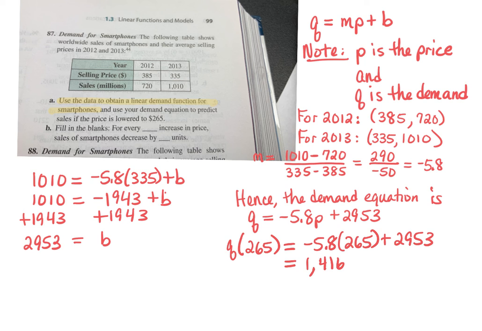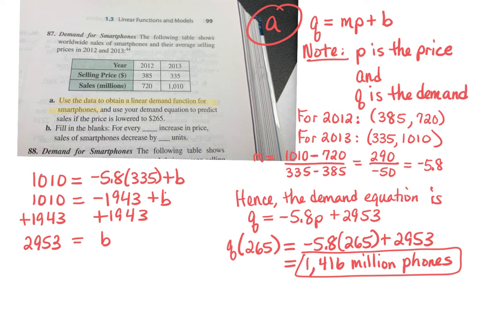Good. What's your unit? Sales. We have 1,416 million what? Phones. Good. Okay. And then, so this is part A.